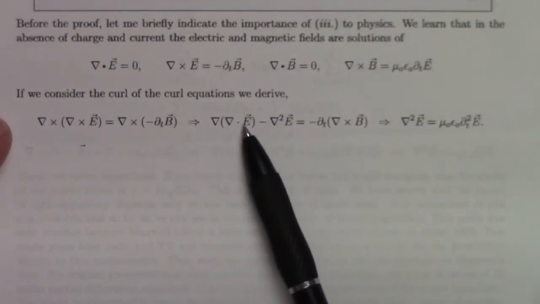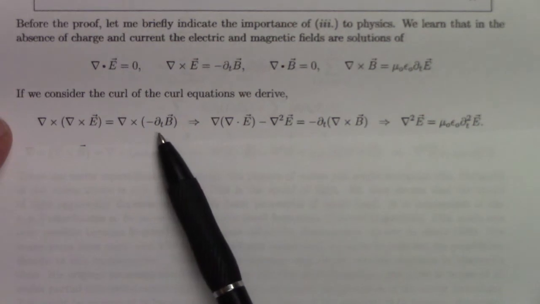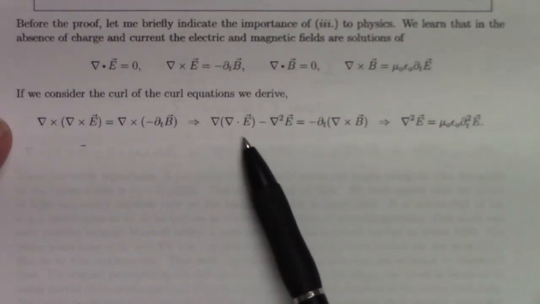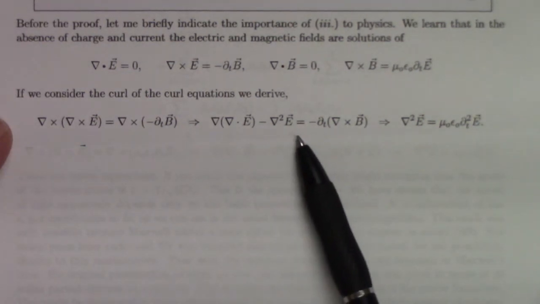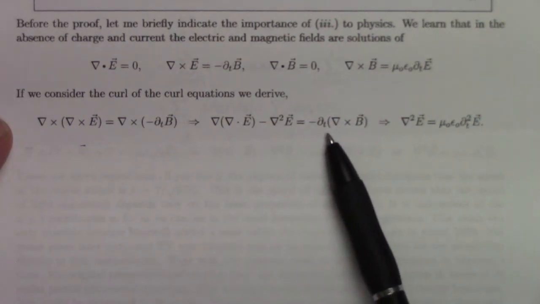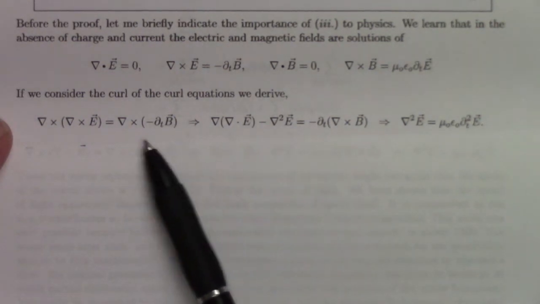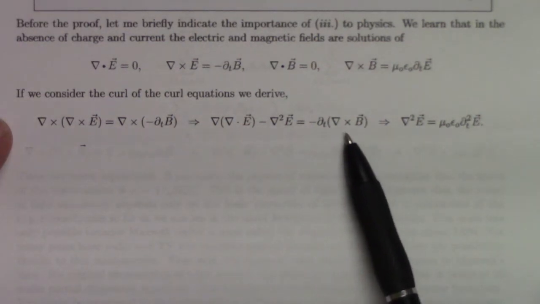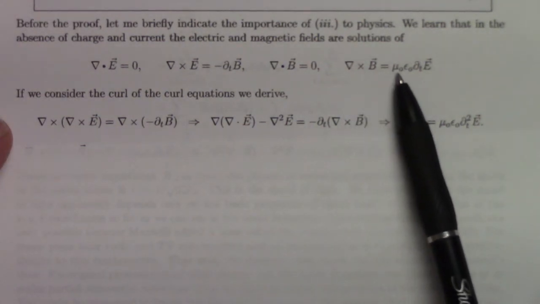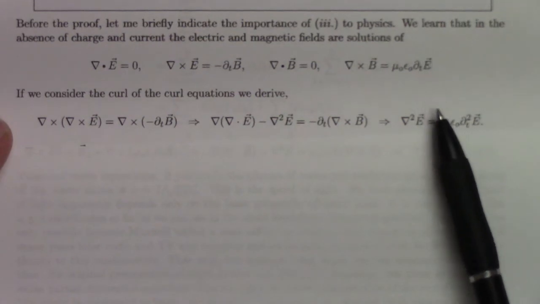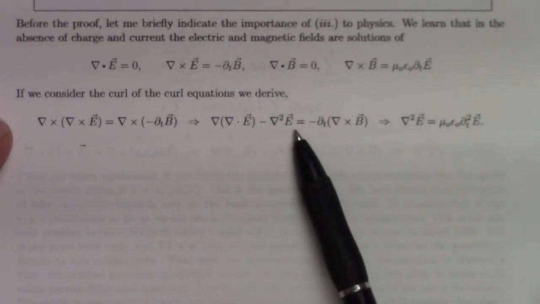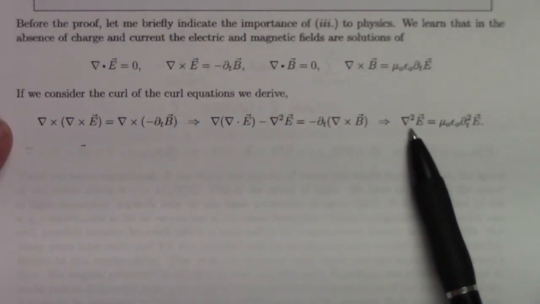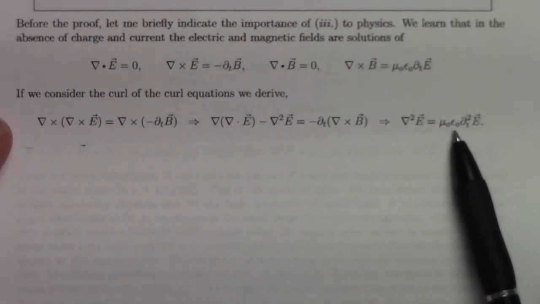Now the divergence of E is 0, and I can pull the time derivative out here. That gives me the time derivative of the curl of B. But the curl of B, remember, is mu naught epsilon naught partial E partial t. So what that gives us is that nabla squared E is equal to mu naught epsilon naught partial squared E partial t squared.